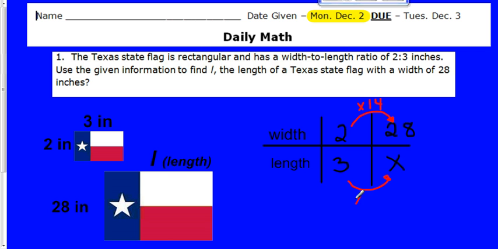So 3 times 14. 3 times 4 is 12, carry your 1. 3 times 1 is 3, plus 1 is 4. So that means our length is equal to 42.